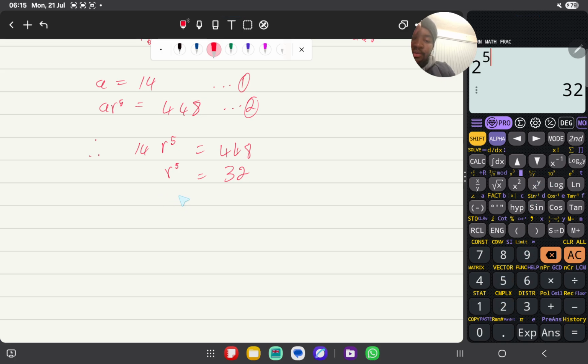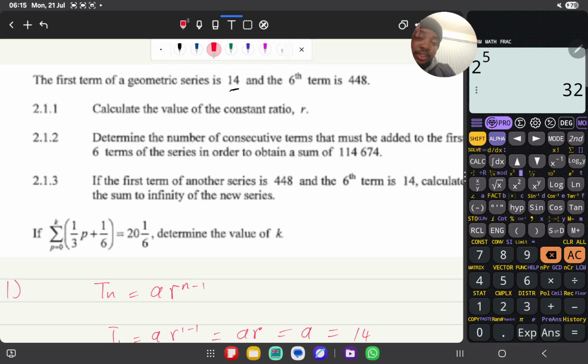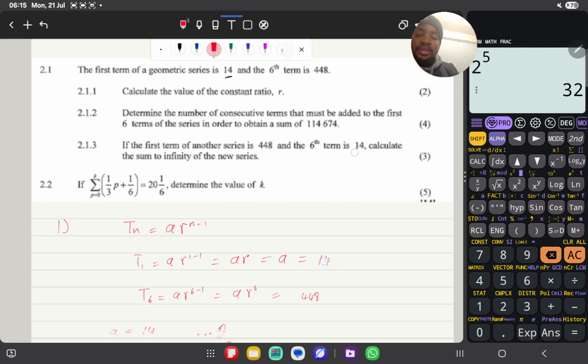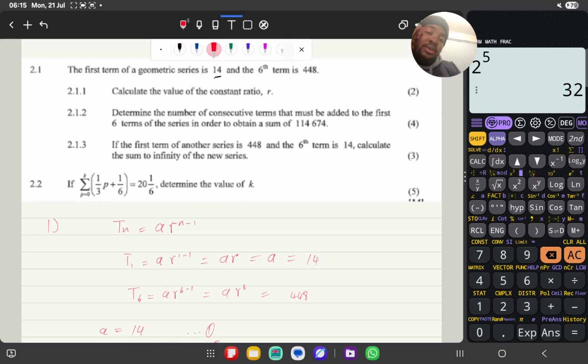So r to the power of 5 equals 2 to the power of 5, therefore r equals 2. So we have found our constant ratio, which is 2.